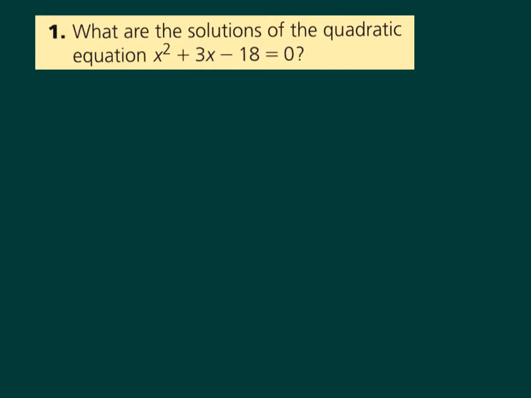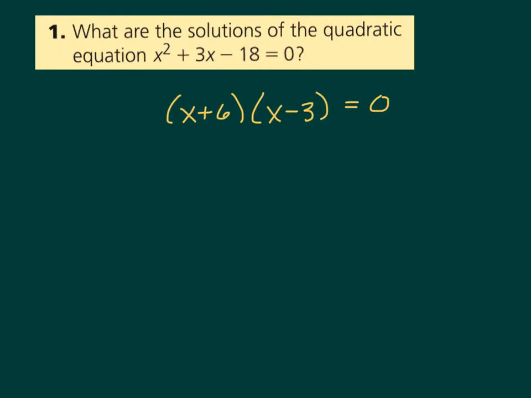So looking at x squared plus 3x minus 18, how does it factor? What two numbers multiply to negative 18 and add to 3? So it factors as x plus 6 times x minus 3. That still equals 0 because this is equivalent to this. So if this equals 0, this equals 0.